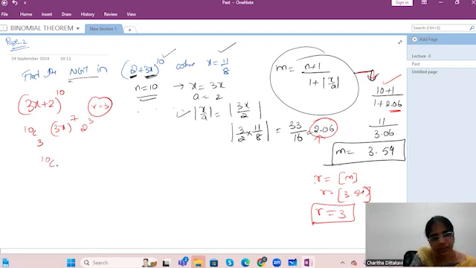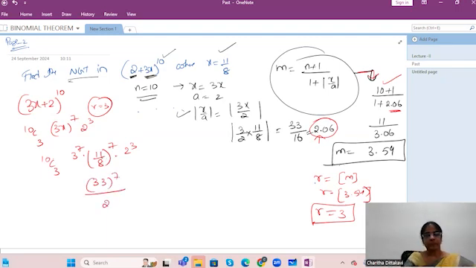So 10C3, you can leave it like that or simplify further: 3 power 7 times x, which is 11 by 8, whole to the power 7, times 2 cube. So we can write it as (3 into 11, 33) whole power 7 upon 2 power 3 whole power 7.